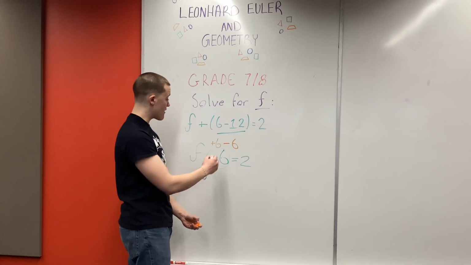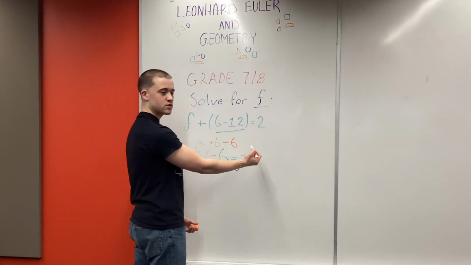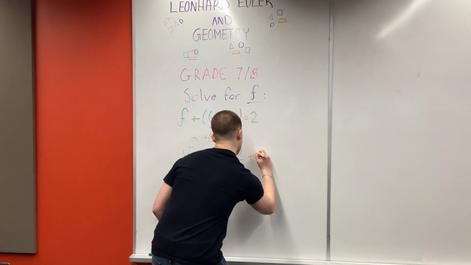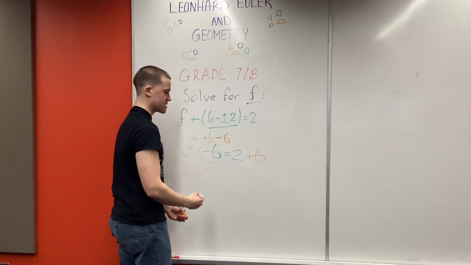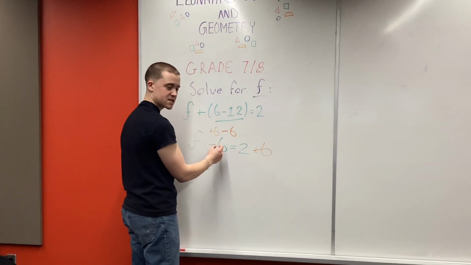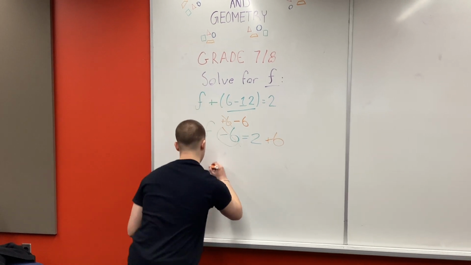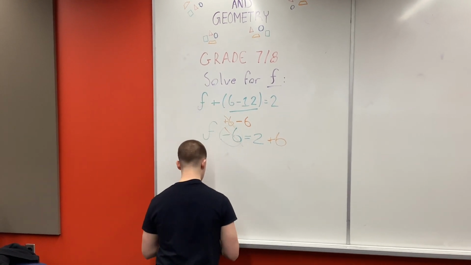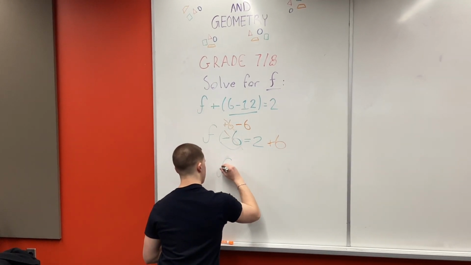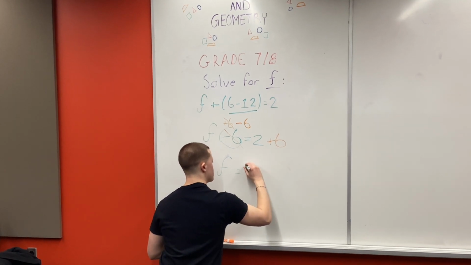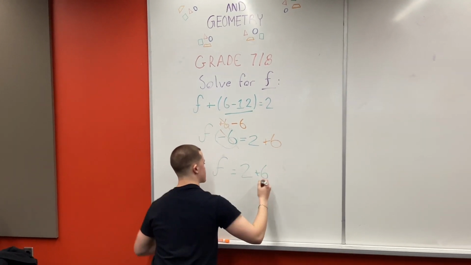Also, because whatever we do on this side, we have to do it to the other. So 2 plus 6 as well. But now these numbers cancel out. So now all we're left with is f equals 2 plus 6.